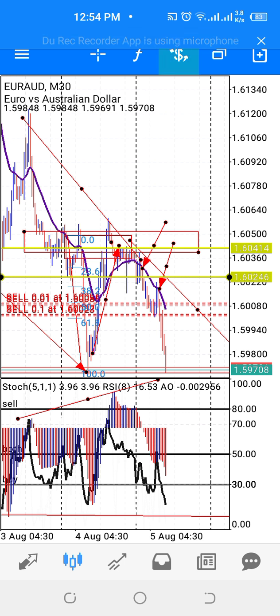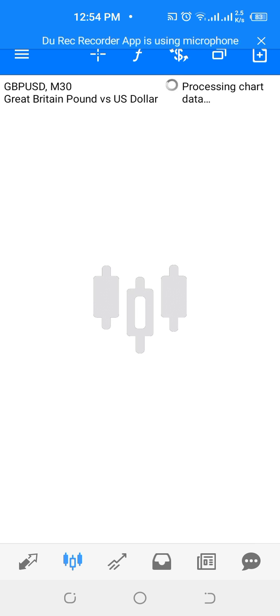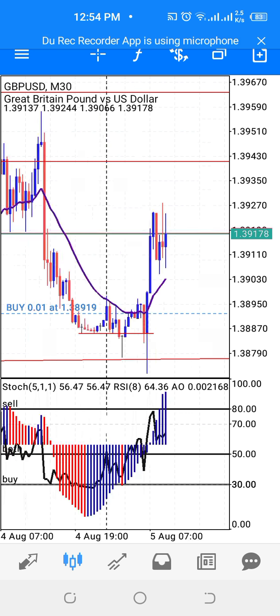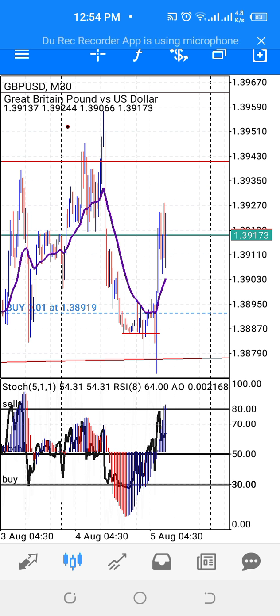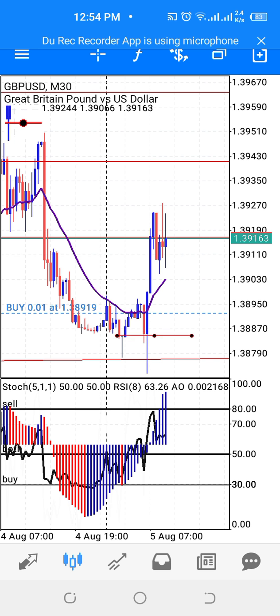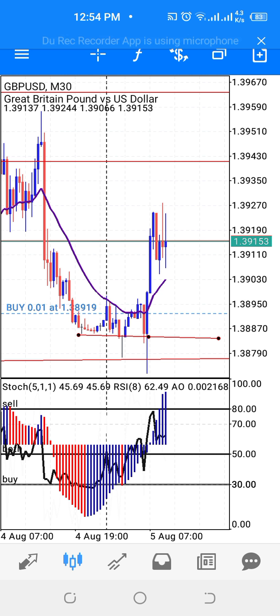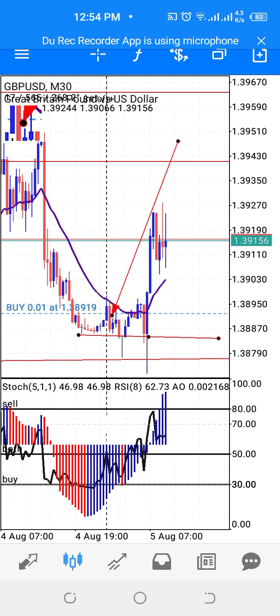And then the last one is on GU. On GU, you can see that the market came to the low of the day. The low of yesterday was here, and I was expecting the market to come to this area again, and this area again.